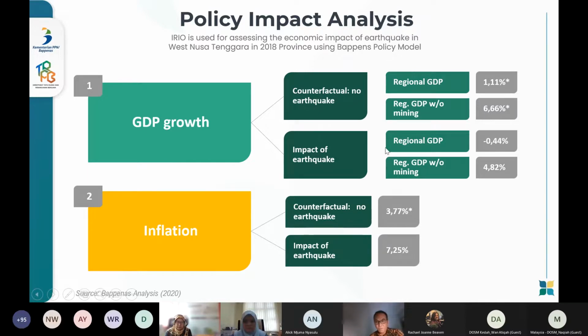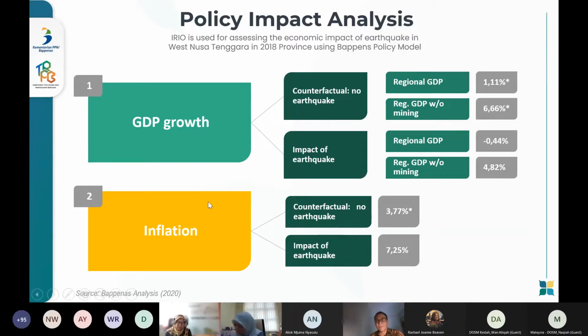But because of the earthquake, the GDP contracted to minus 0.44%, and without mining, it was also lower at 4.82%. So this is a counterfactual of the earthquake disaster.